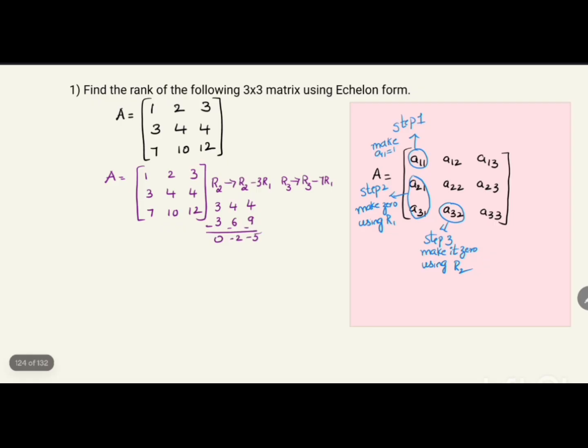Now coming to the row operation R3 minus 7R1. First write down R3: 7, 10 and 12. Multiply R1 with 7: 7, 14 and 21. Now I will subtract these two. This is 0, minus 4 and minus 9. Sorry students, it is minus 9.